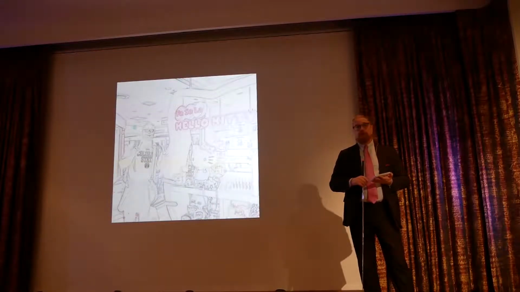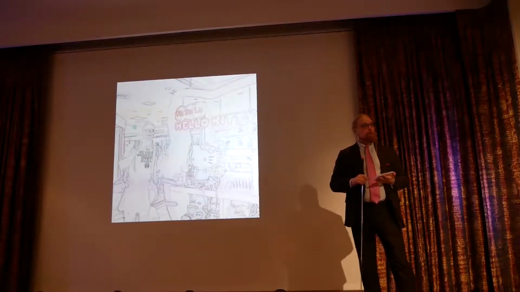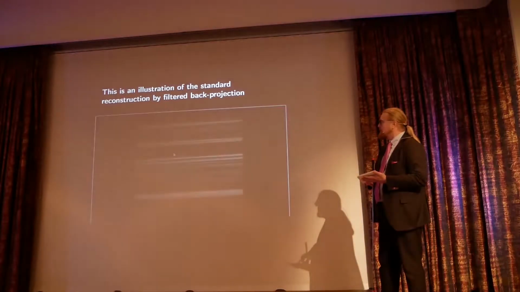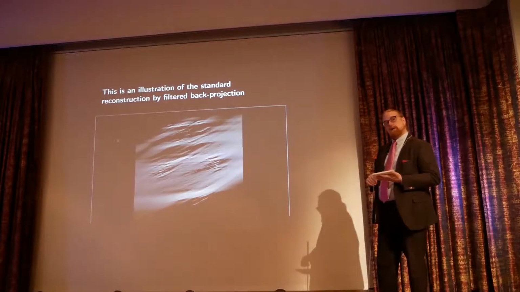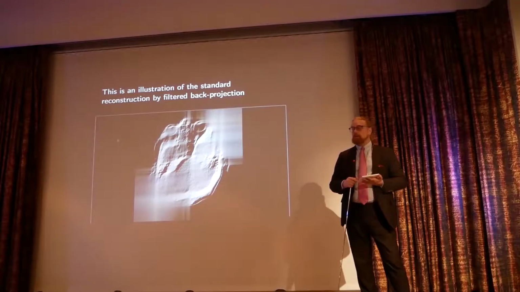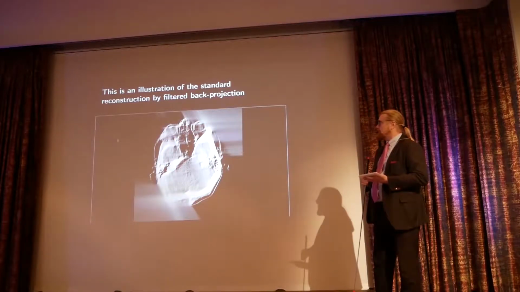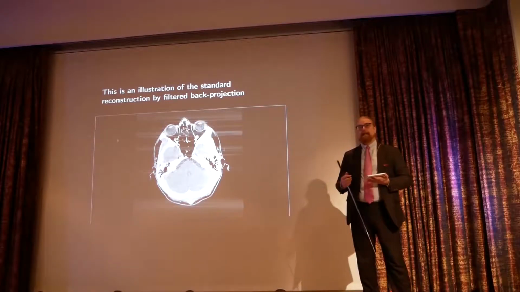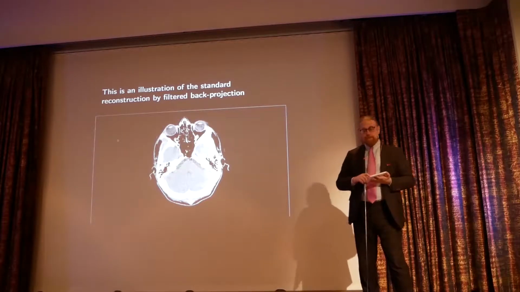So it's kind of an edge enhancement, taking away all blurring. So that's what's happening here. The projection data is sent back into the image, and a filter is applied. That's how it works in these classical, traditional X-ray devices.